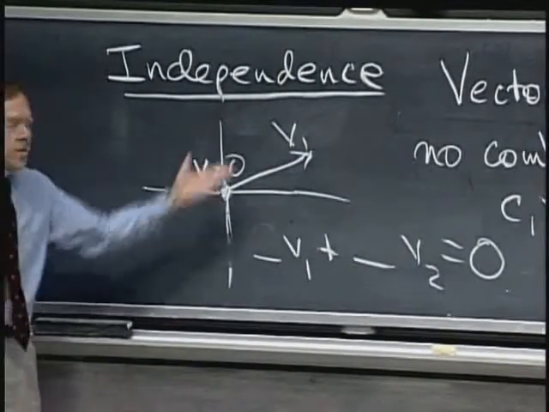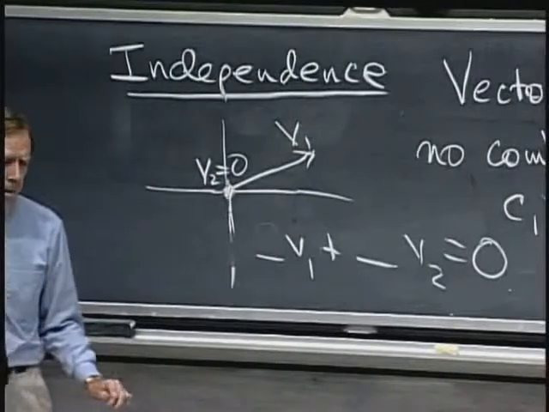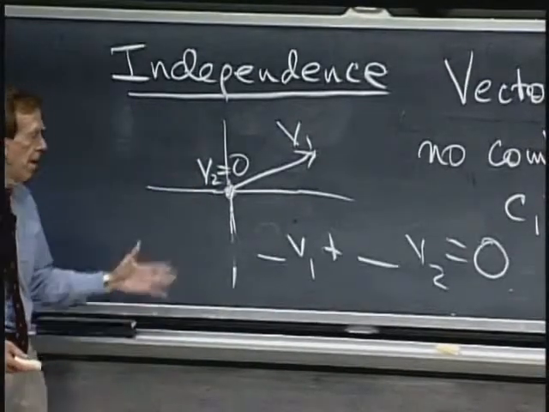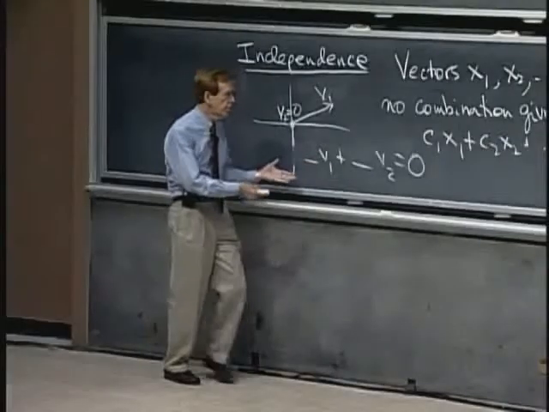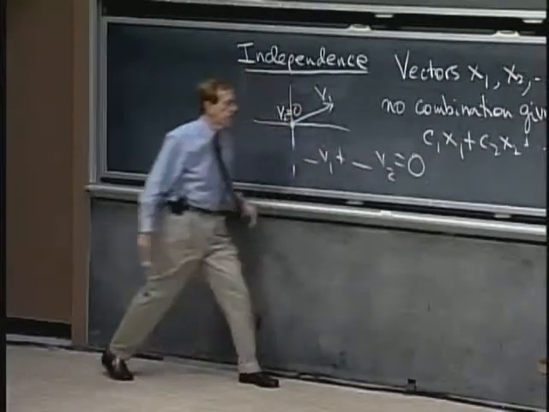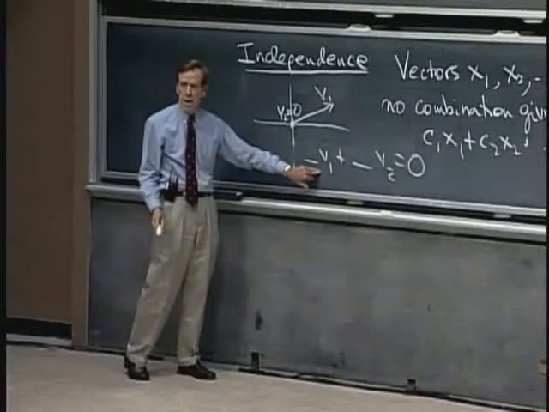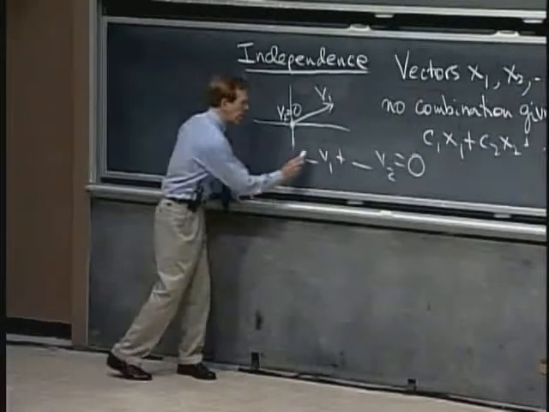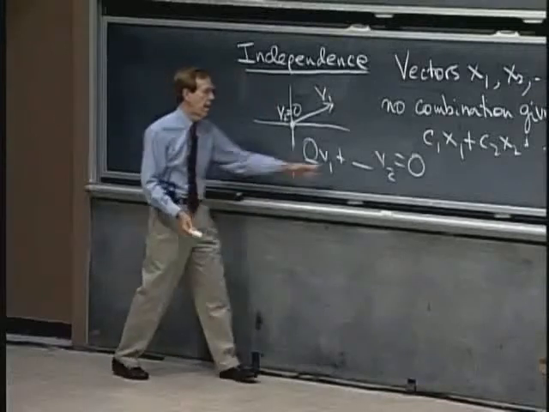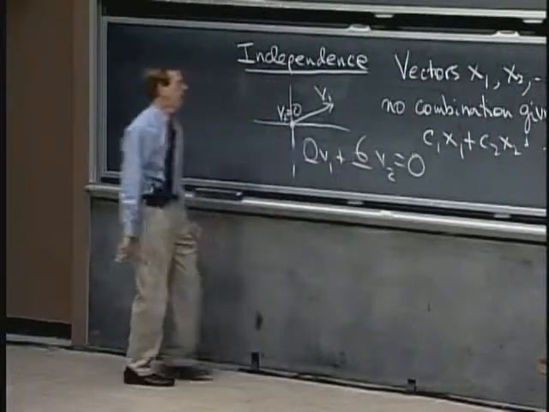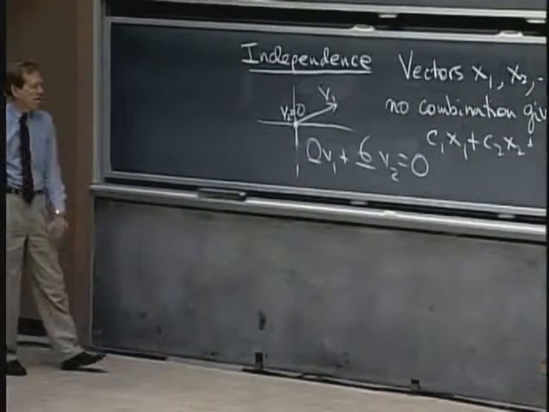If v1 is the vector 2, 1, and v2 is the 0 vector, 0, 0, then I would like to show that some combination of those gives the 0 vector. How many v1s shall I take? 0 of them. Take no v1s, but how many v2s? Say 6. Or 5.